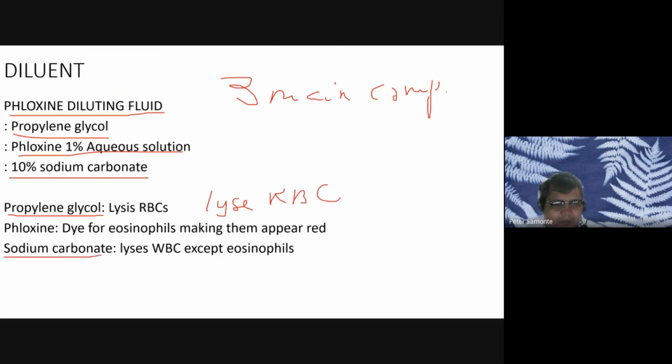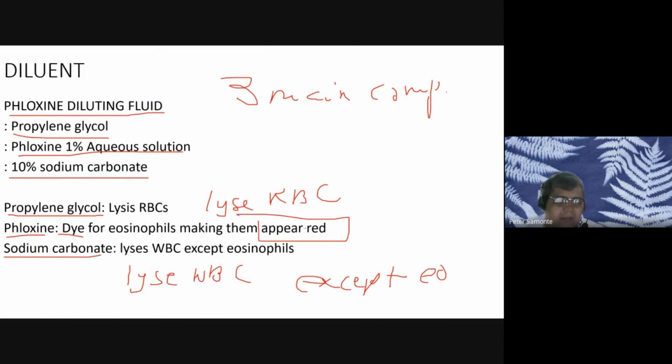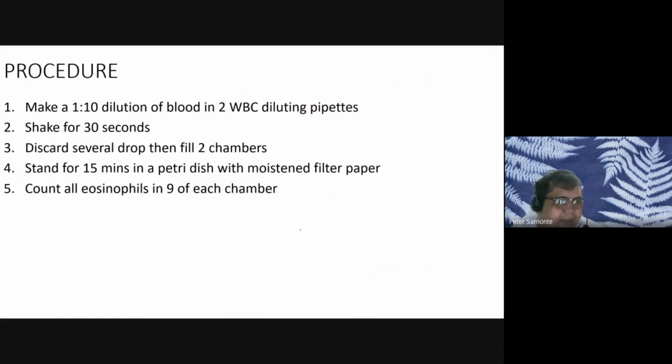Your sodium carbonate would lyse WBCs except eosinophils. While your Fluxine is a dye that will make your eosinophils appear red. Again, your Fluxine diluting fluid has three main components: propylene glycol, which would lyse RBC, sodium carbonate would lyse WBC, and Fluxine, which is a dye that would make your eosinophils appear red.